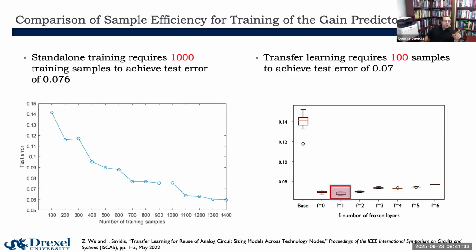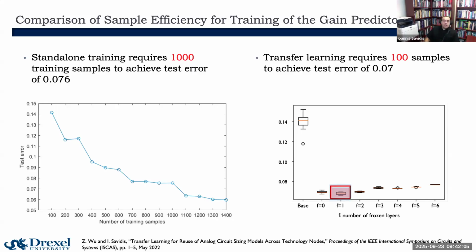And so looking at the result on the left, that 0.076. Because of transfer learning, we needed 100 samples from our target domain, whereas if we train a model from scratch, we needed 1,000 data points from our target domain. And then the figure on the right is that analysis that we did with the different number of frozen layers and how that impacts the prediction of our model.